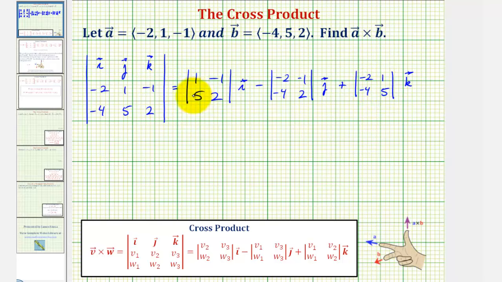And now we evaluate each of these 2x2 determinants. So for this first 2x2 determinant, we'll have 1 times 2 minus -1 times 5.